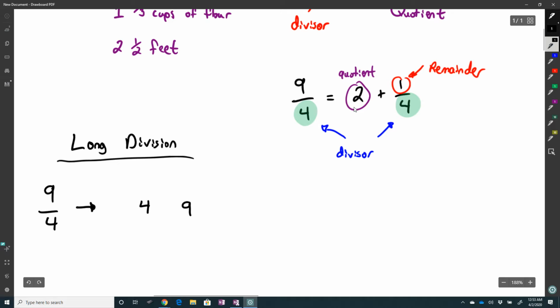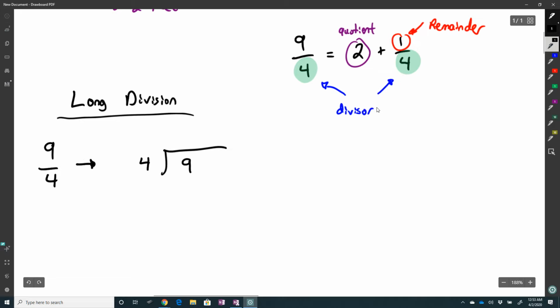Let me try to make it look nice. Okay, and then you would just do some math. You would ask yourself, all right, how many times does 4 fit into 9? It fits twice. So the 2 goes on top. Then you would say 4 times 2 is 8. You would subtract, and you'd be left with a 1.